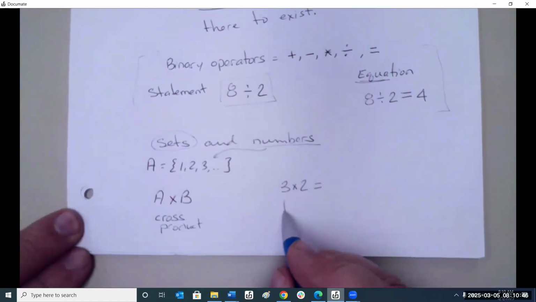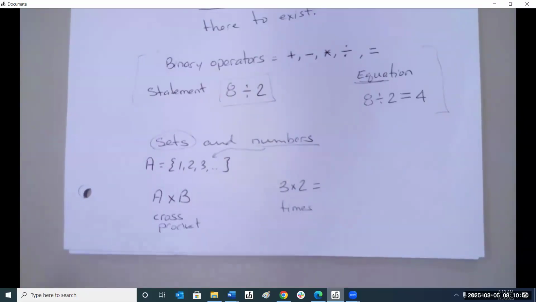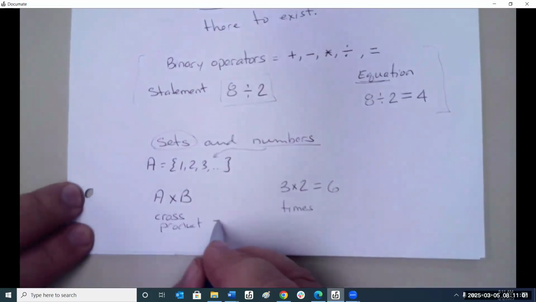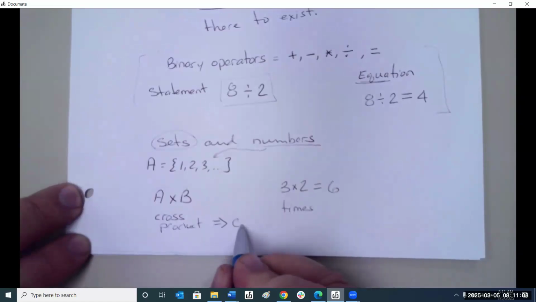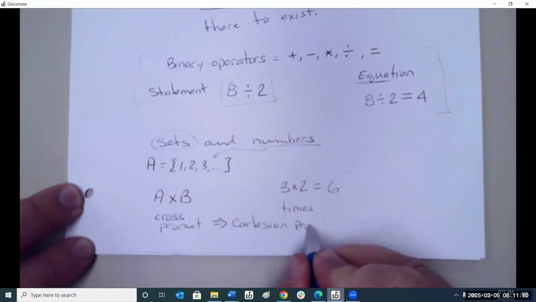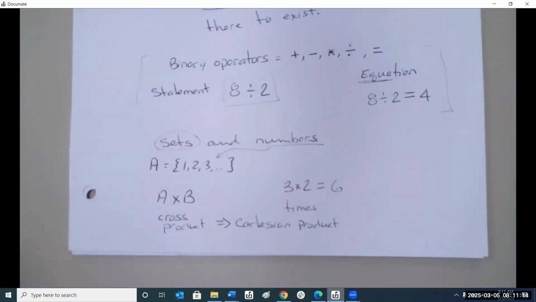Now it means times. 3 times 2 is 6. This is referred to as a Cartesian product, or the full name of it is Cartesian cross product.